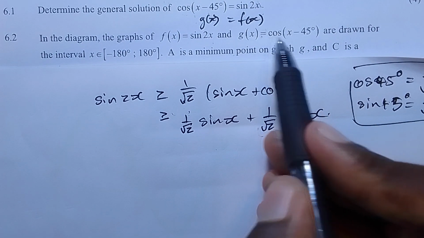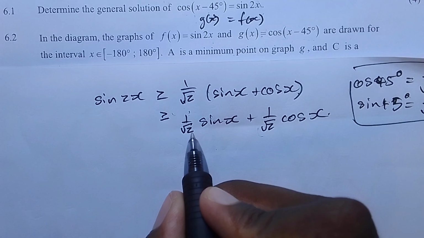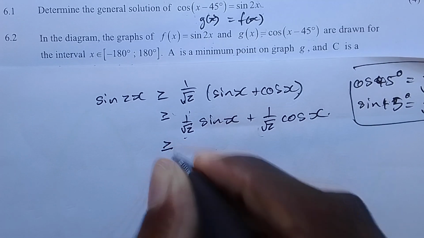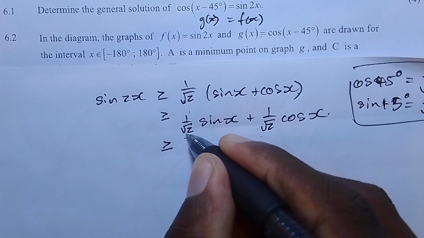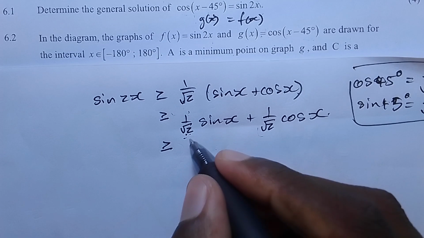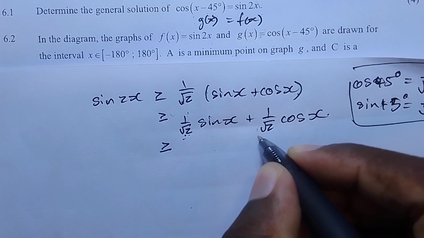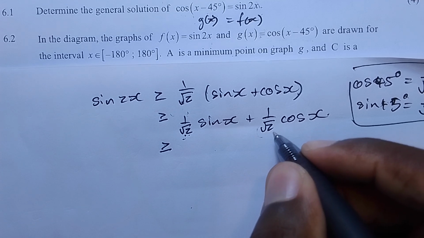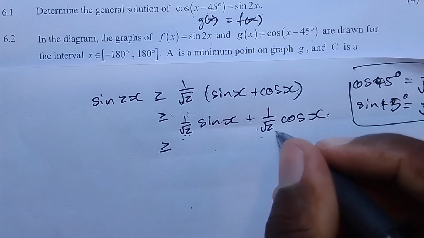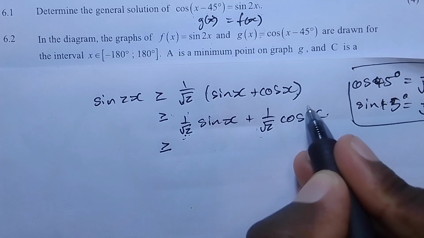We want to get this function. If we were to change this to be sine, so if this was sine 45 and this was also sine 45, we would have a hard time trying to simplify that, because we'd have sine 45 here, sine 45 there. It's sine cos.